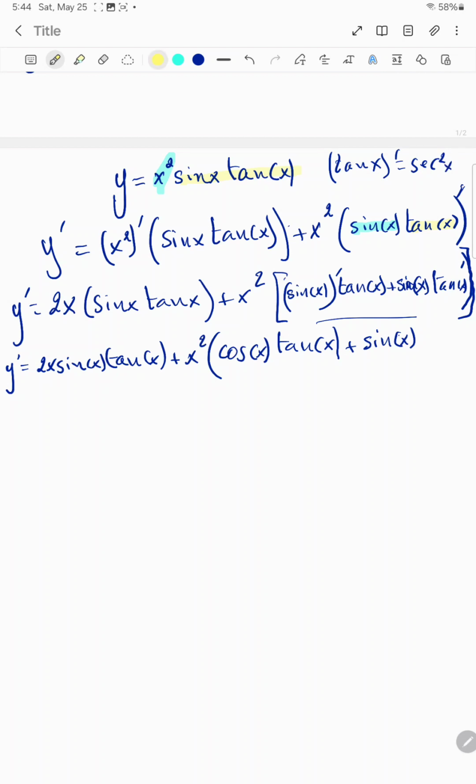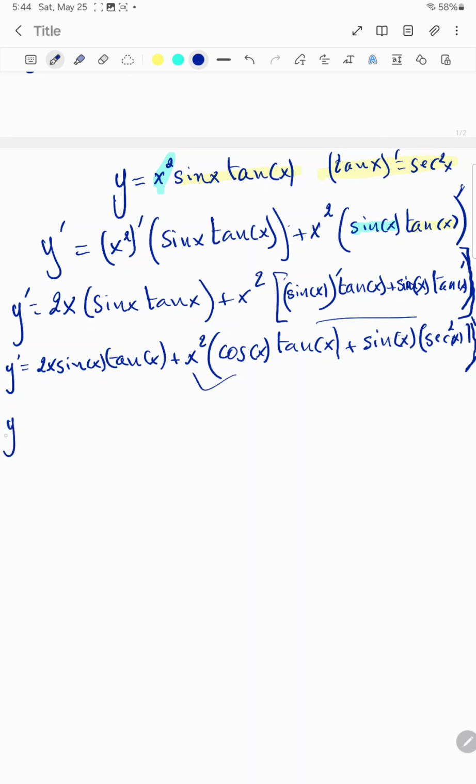Oops, I have to highlight it. Times sec square of x. Now let's enter the x square inside.